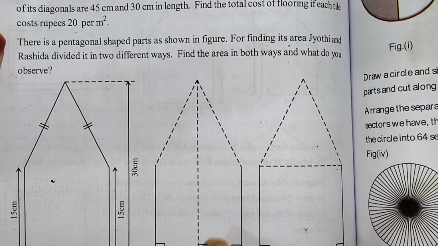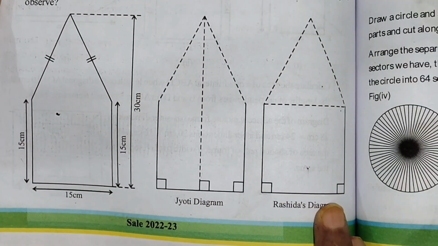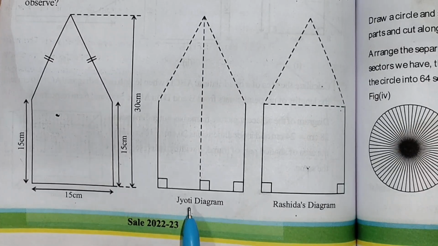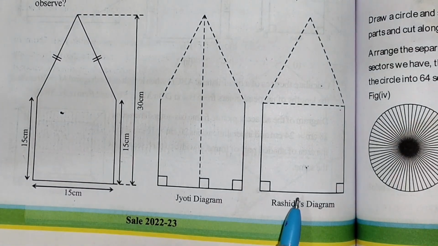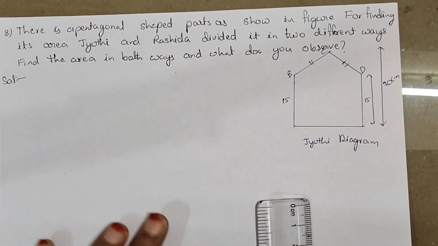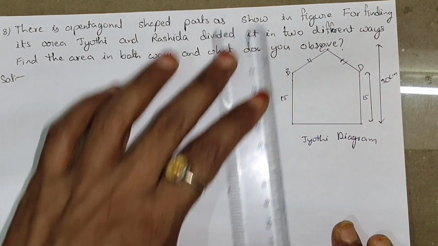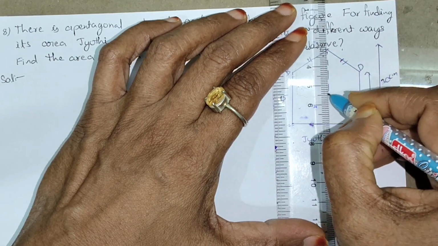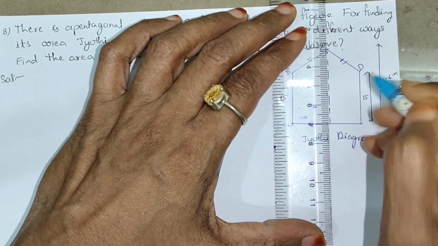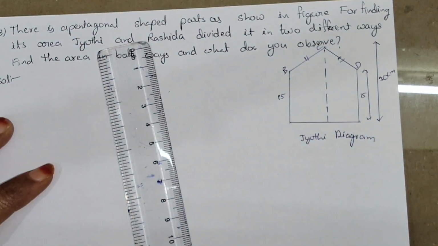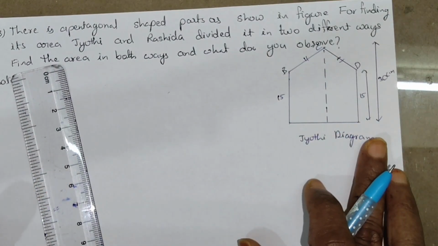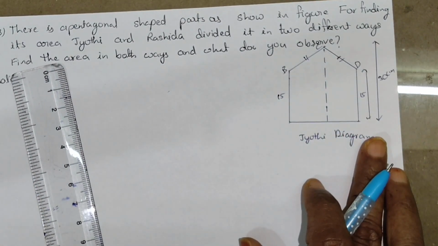So first we use these two methods, Jyoti and Rashida's diagrams, and find the area and draw the diagram here. So we use the Jyoti method. In the Jyoti method we divided into equal parts. So now we find the area of these two parts.